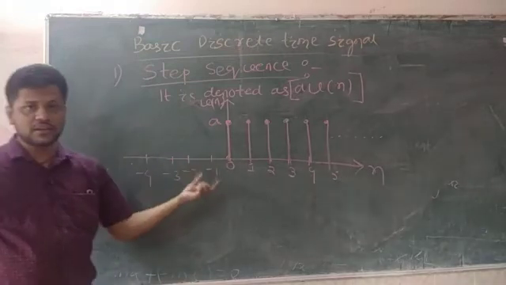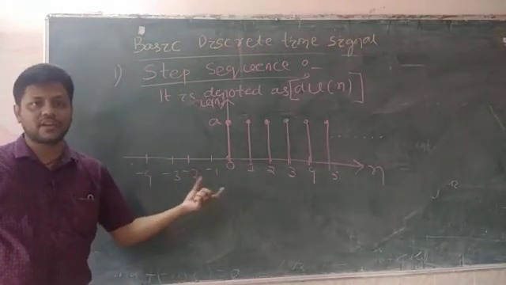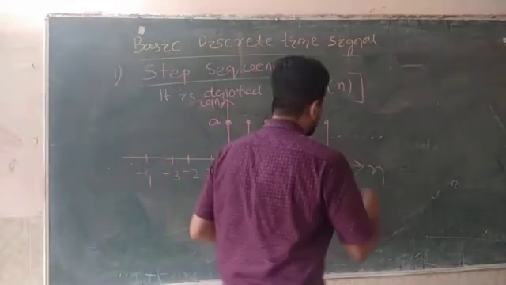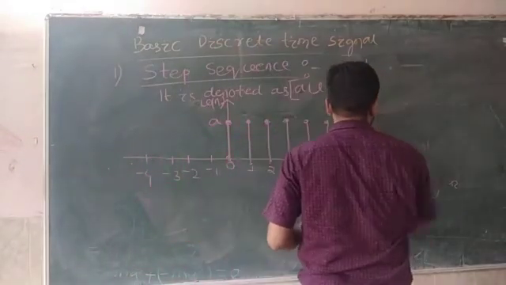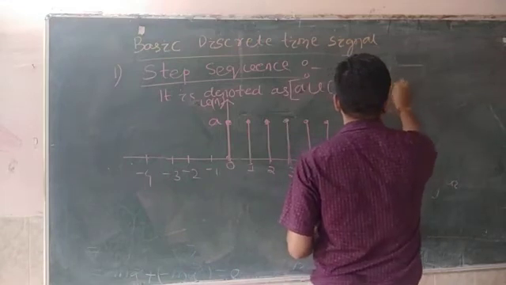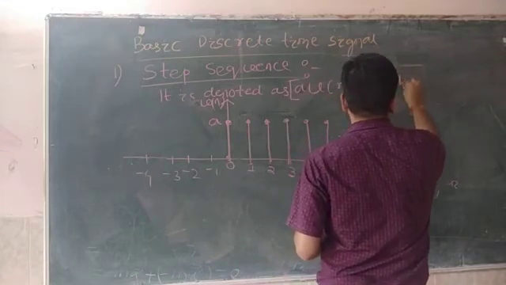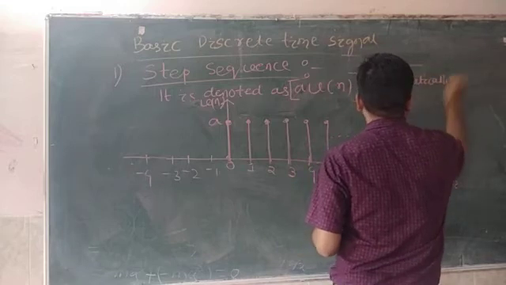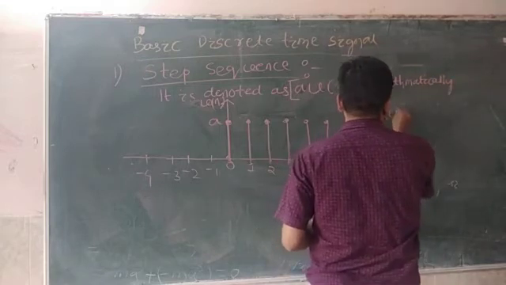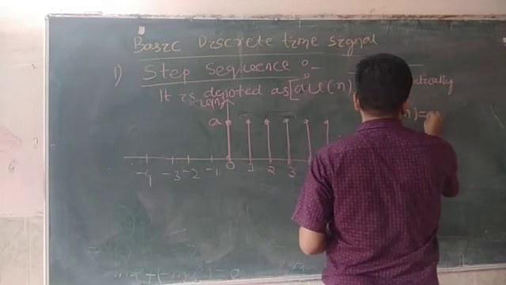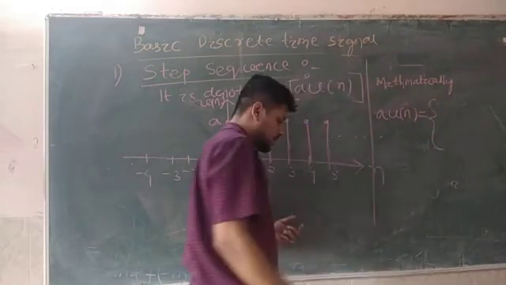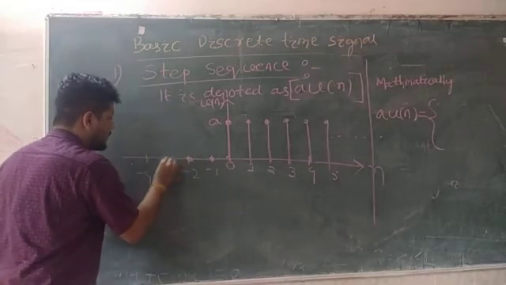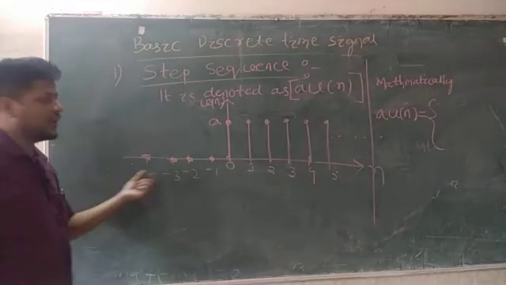The next question is how to define this signal mathematically. We write A of un equal to what we see here. For all the negative time, the value is 0.